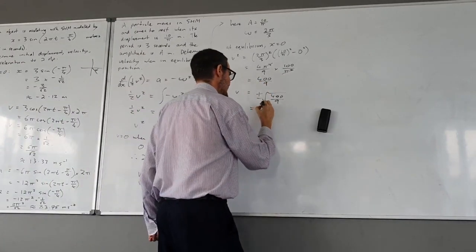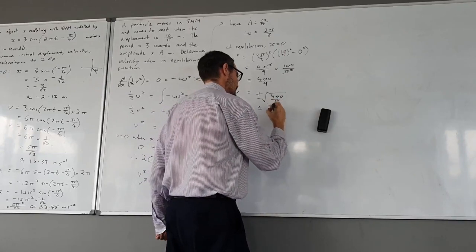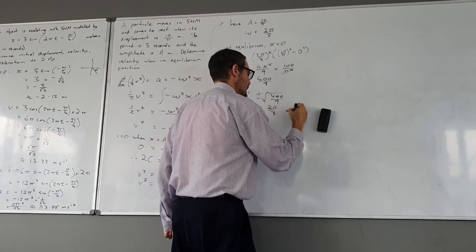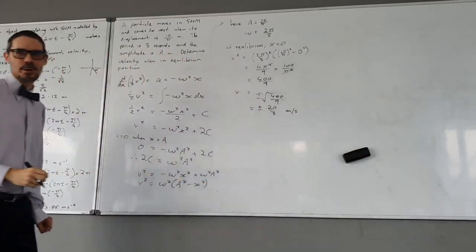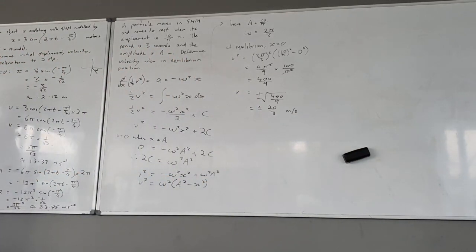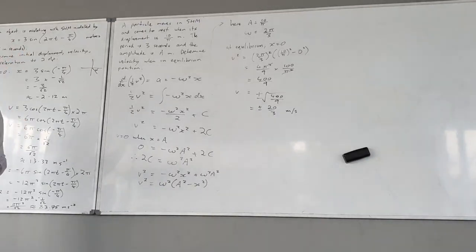So velocity is plus or minus 20 on 3 meters per second at equilibrium. And that is its maximum velocity. And that makes sense. If it is doing simple harmonic motion, at the middle it's going the same speed but in opposite directions depending which part of the cycle it's in.